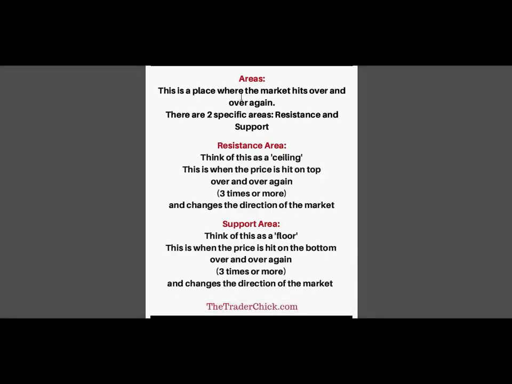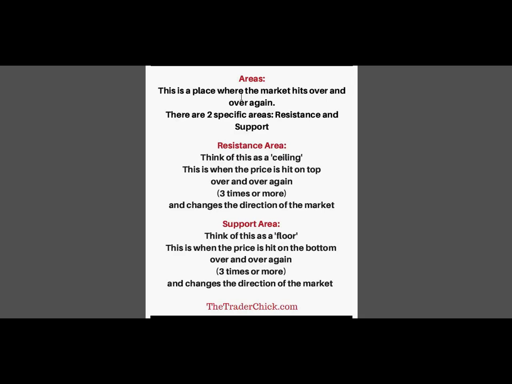Areas. The market is going to hit areas over and over and over again. So what happens a lot of times is there could be runs in a trend, and then the market will hit an area. It will just keep on hitting that area over and over again. There are two main areas that you need to understand right now.